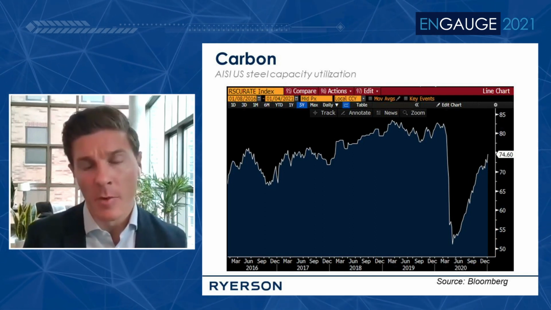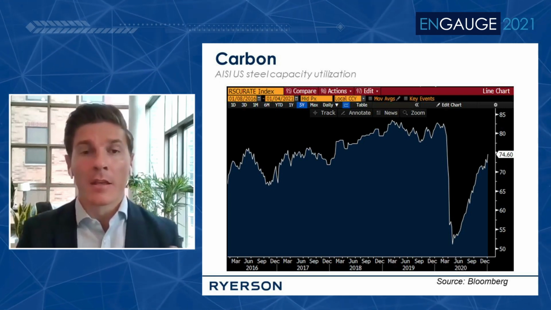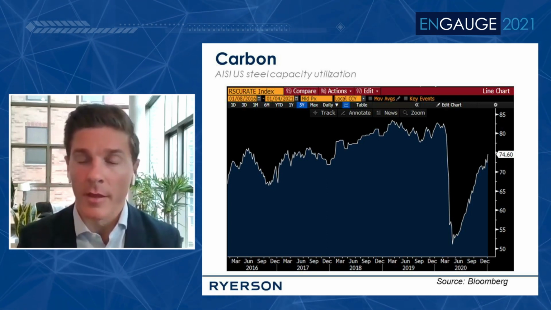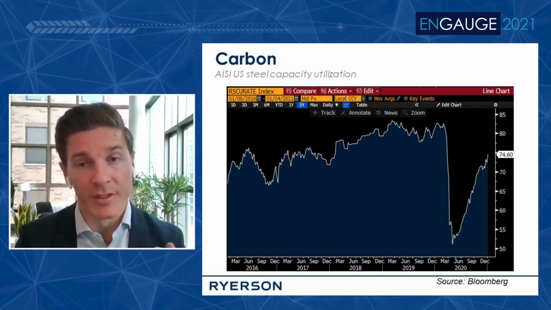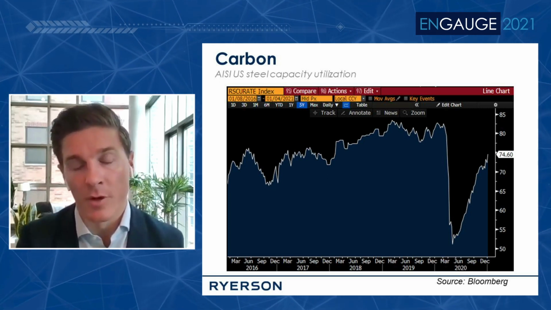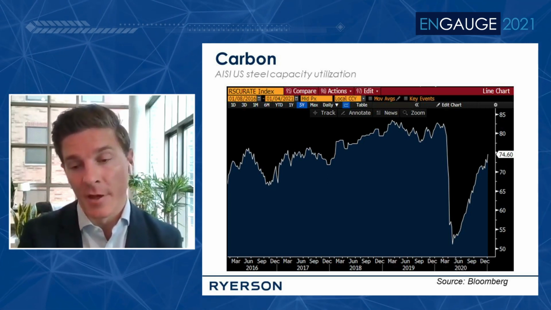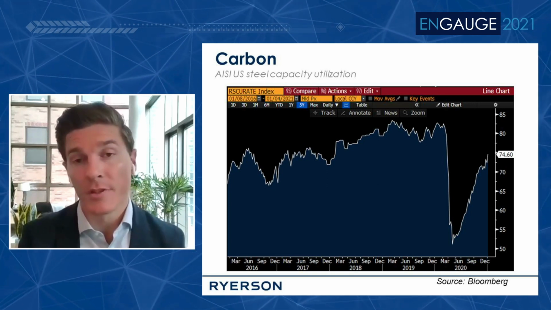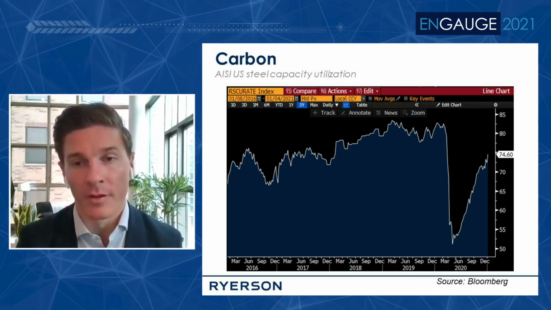as we progress through not just the next couple months, but really over the next several quarters through 2021. Give the steel mills credit. The steel mills, when they saw the pandemic coming, were extremely quick to take capacity utilization down. All of these data points here are represented by a percentage, which means if there's X number of tons that the U.S. mills can produce, they are producing at X percent, and that's shown here within this chart.